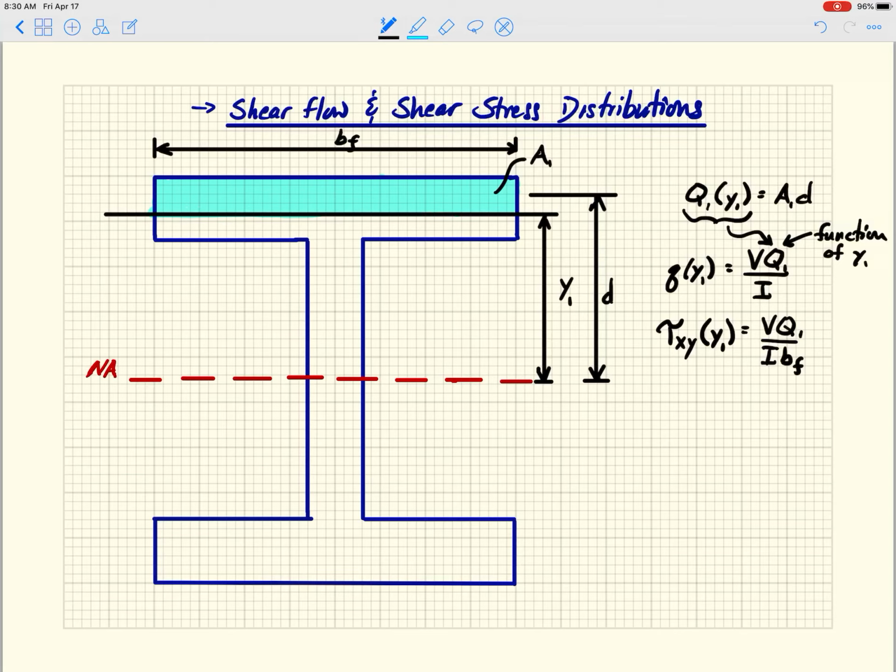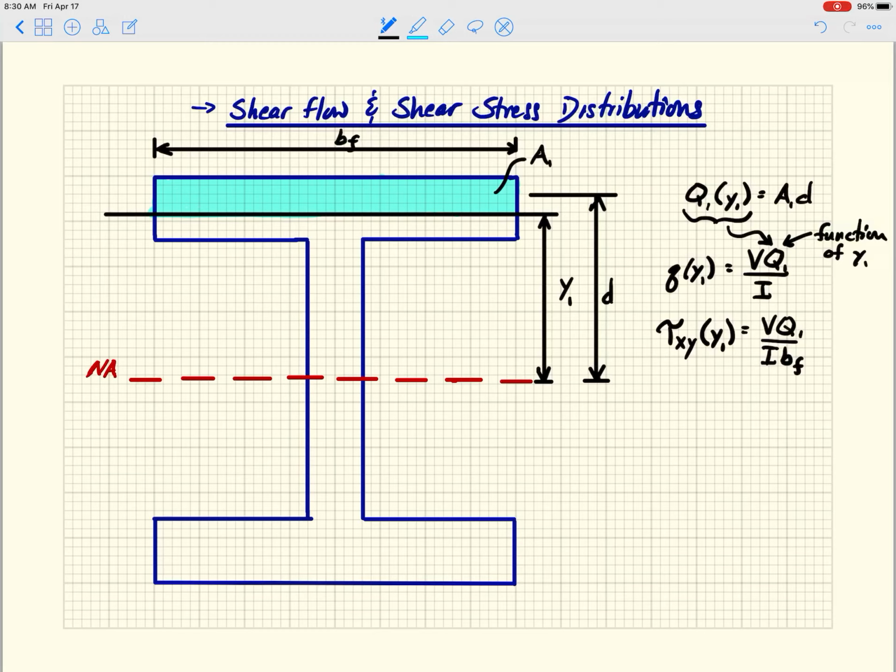So in that case, this becomes the width of the flange. Okay? So that's it. If I ask you on an exam, halfway through the top flange, what is the shear stress, or what is the shear flow, and then what is the shear stress? You're going to calculate the Q for the area above where I'm telling you to take the cut.